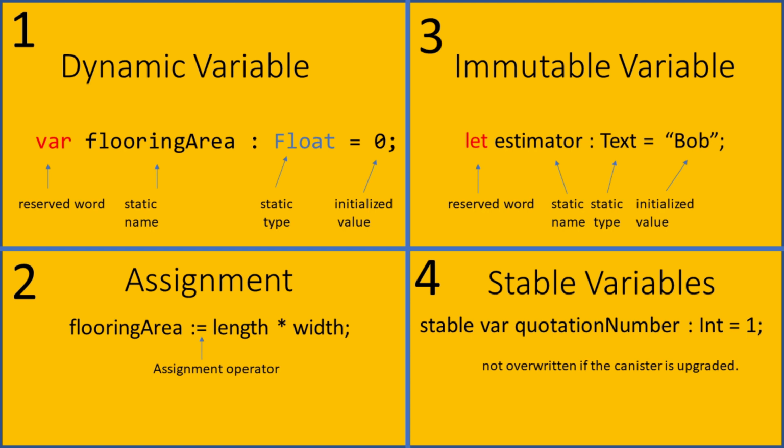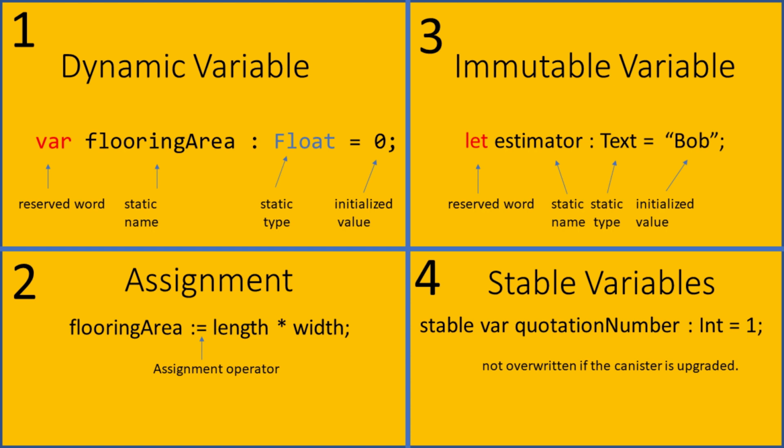The second thing is how to assign a value after the declaration has been made. In this case, we want to assign the flooring area the results of the calculation length times width, and the colon equal is the assignment operator. The third thing is the immutable variable. Sometimes you want to declare a variable with a value that will never change.